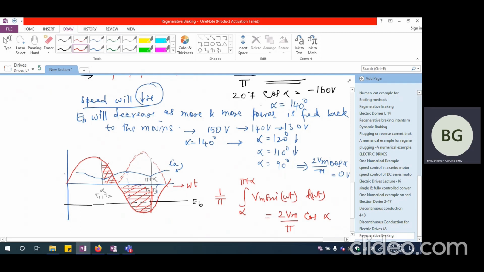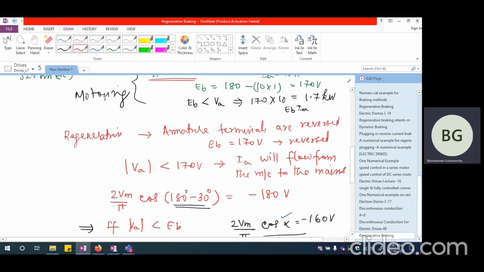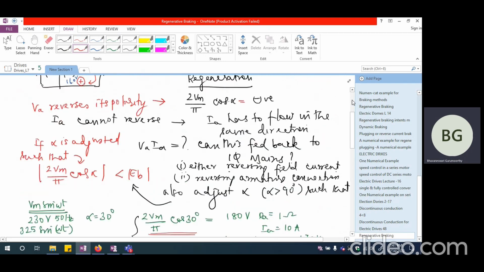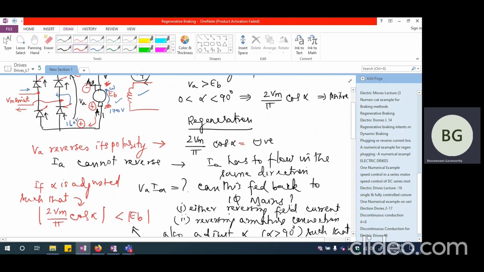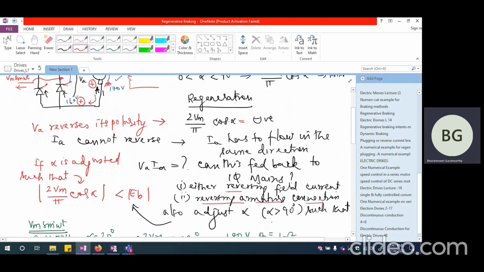So regenerative braking is implemented by either reversing the field connection or by reversing the armature terminal connections, and also simultaneously making alpha greater than 90, the firing angle greater than 90. So this is the way generally the regenerative braking is going to be implemented.